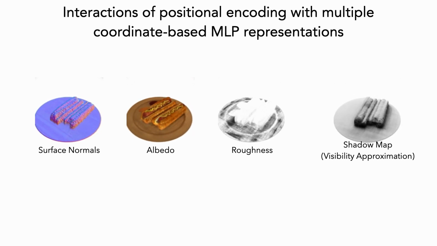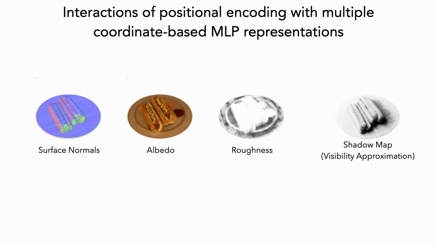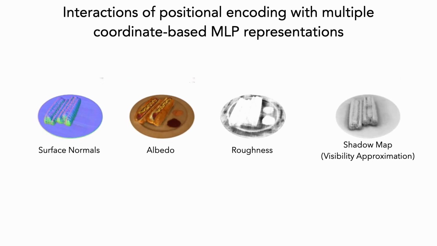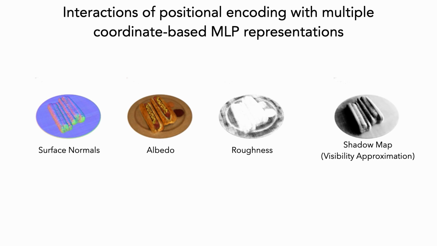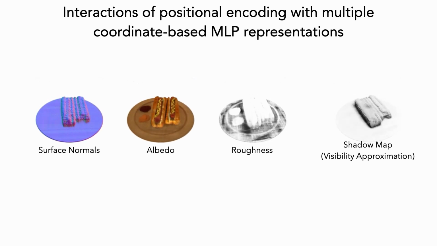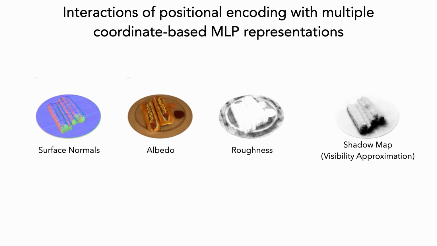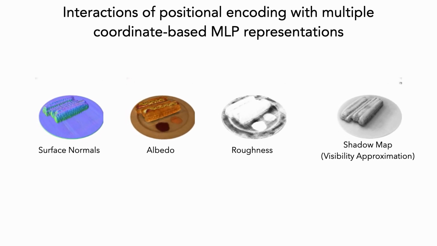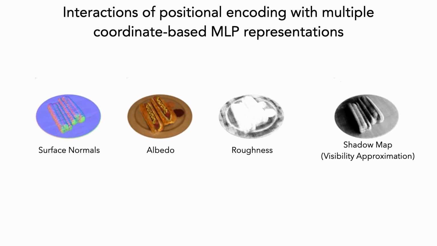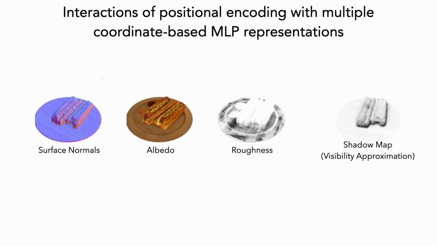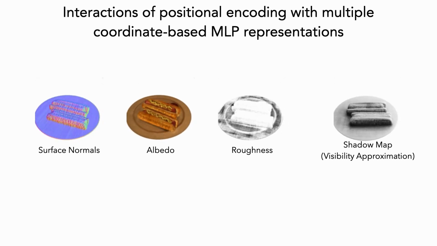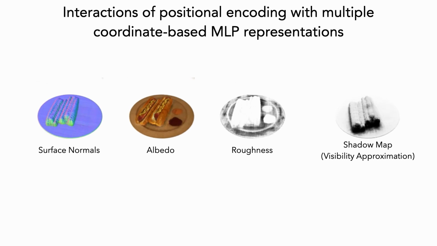When we look at some of the functions represented in NeRF in this visualization, particularly the roughness and the shadow maps, the visibility, we can see pretty strong axis-aligned artifacts in the represented functions. I think these artifacts are likely due to the extra high frequencies that are introduced by the positional encoding that we use in coordinate-based MLPs. So it'd be really useful to have better ways of regularizing the smoothness of these coordinate-based MLPs to avoid such artifacts.